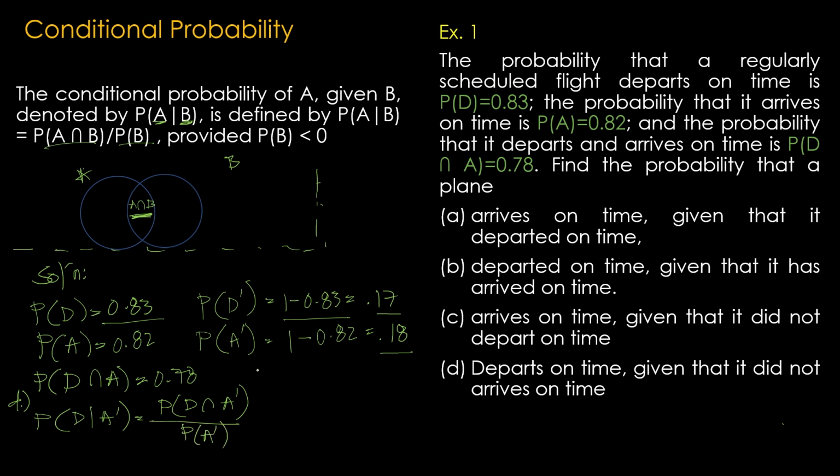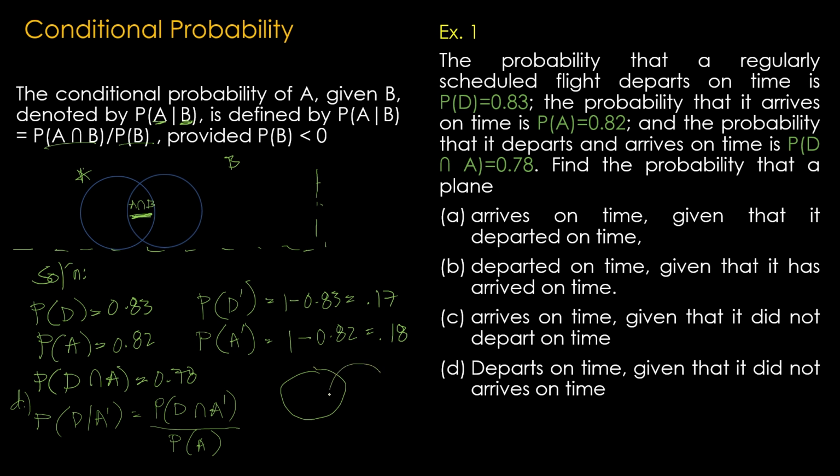That's why we solved it earlier. To determine the probability of the intersection between D and A prime, let's look at our Venn diagram again. If these are our two events, this is event D and this is event A, and the intersection between them is the intersection of A and D.